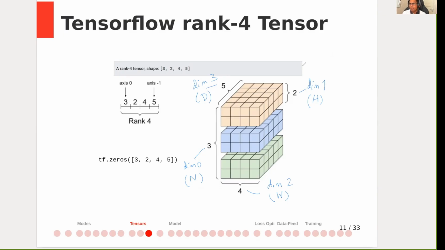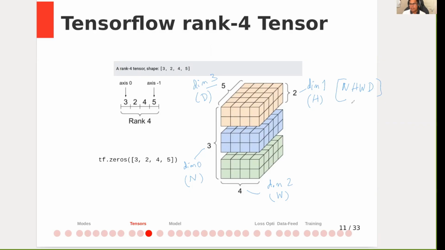So we usually call it the NHWD format. In this format, the first dimension gives the number of images, the second dimension gives the height of each image, the third dimension gives the width of each image, and the last dimension gives the number of channels or depth of each image.